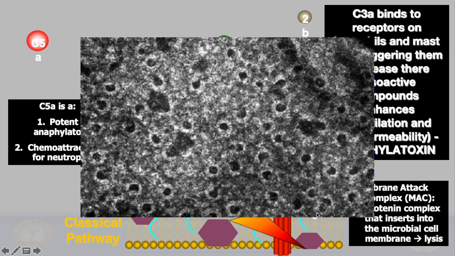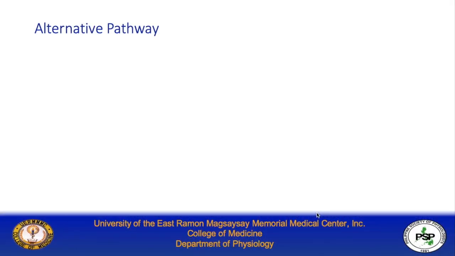Now, when you have these holes on the microbial membrane, of course, water and other ions can enter into it, resulting in bursting of the cell. So that would be for the classical pathway.